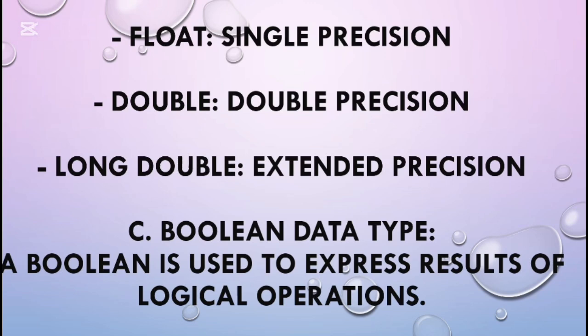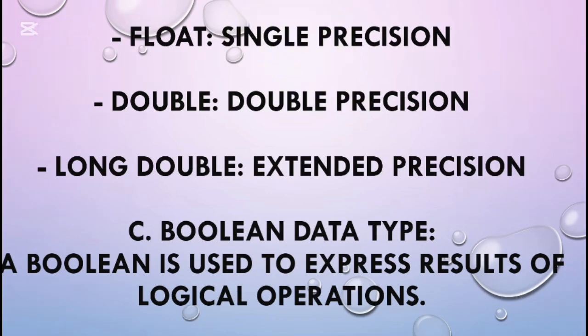Now the boolean data type. A boolean is used to express results of logical operations. It comes in either true or false form. When a logical operation question is asked or a logical expression is made, the boolean gives us the result of that logical operation.